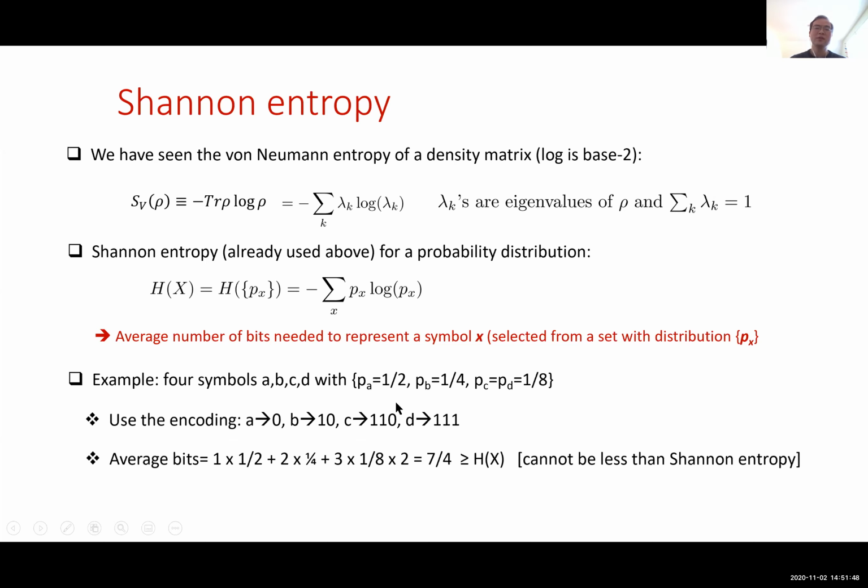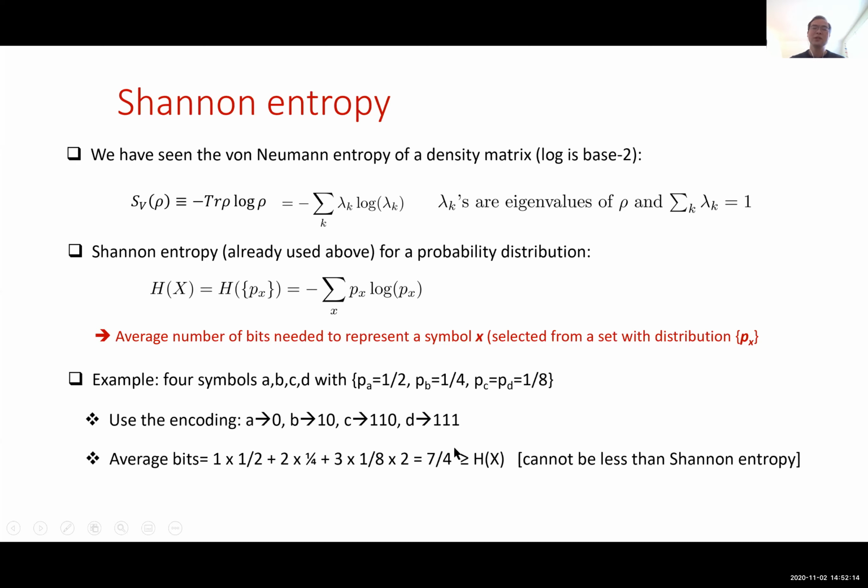First, you have to convince yourself that this is a good encoding. After you have done that, then you calculate the average number of bits. 1 bit for A with probability 1/2, 2 bits for B with a quarter, 3 bits for C and D. They each appear with 1/8. And this is 7/4.